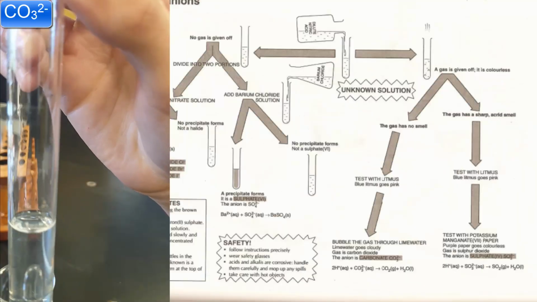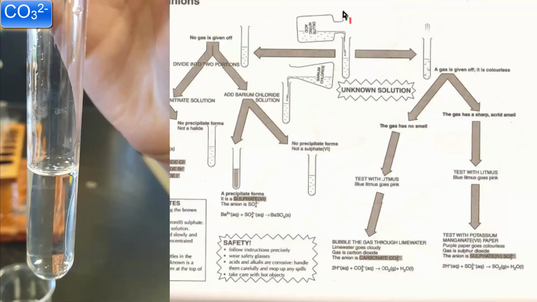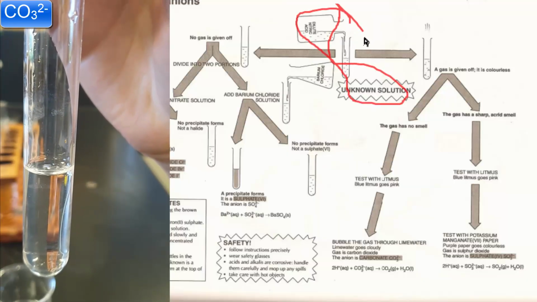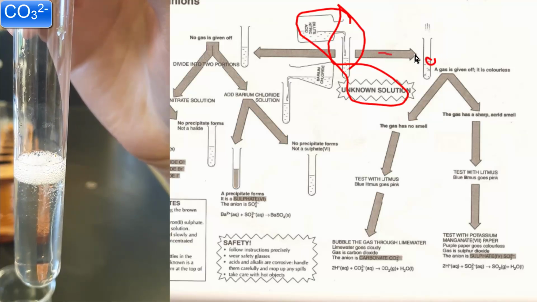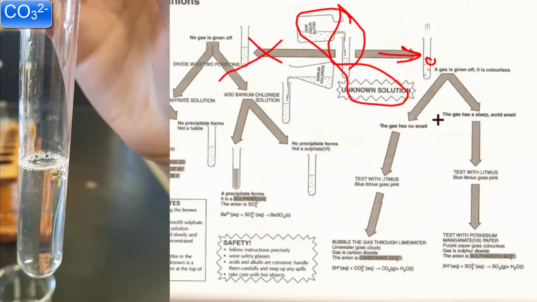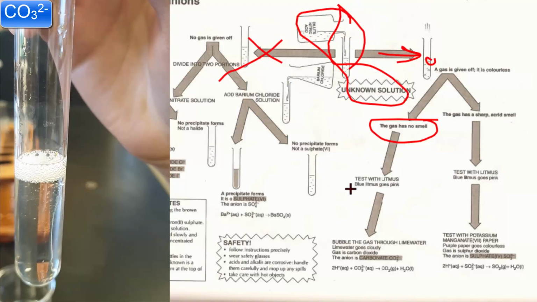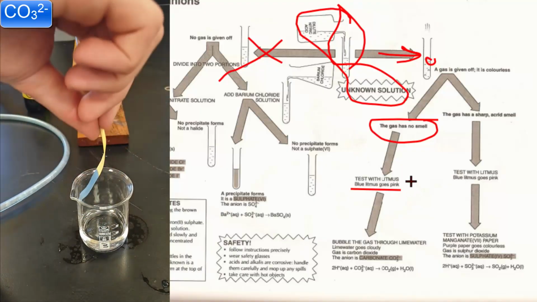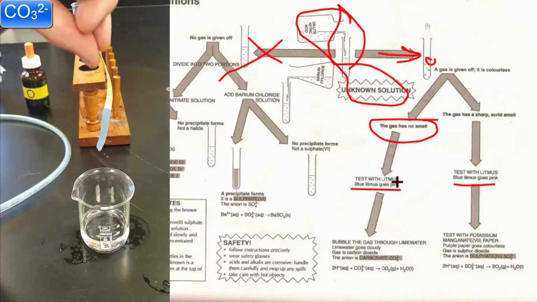The last one we're going to do is the carbonate ion. Just have a careful look when you add the nitric acid to the unknown solution. You can see a little bit of gas come off just as you add it, so it's not no gas coming off. You'll have to trust me that there's no smell to it. Now, the litmus, we don't have blue or red litmus paper. We do have universal indicator, and it is going blue, which is a carbonate, which forms a weak base.